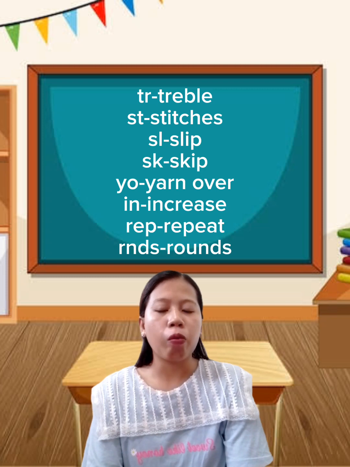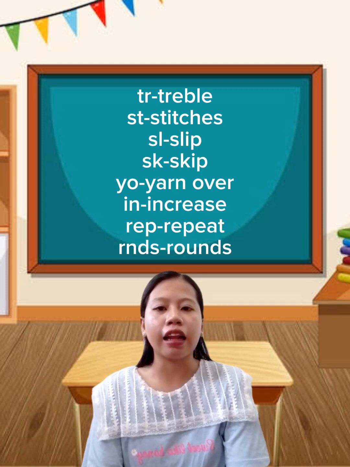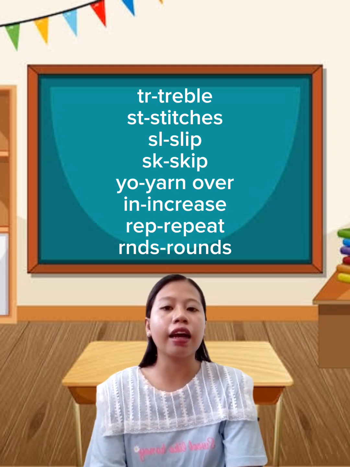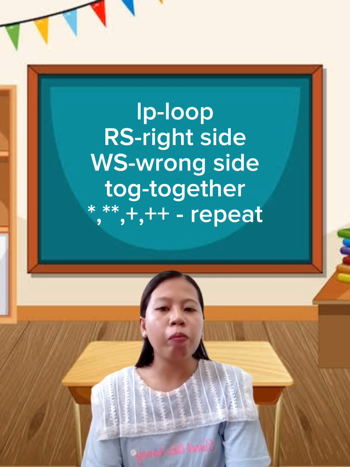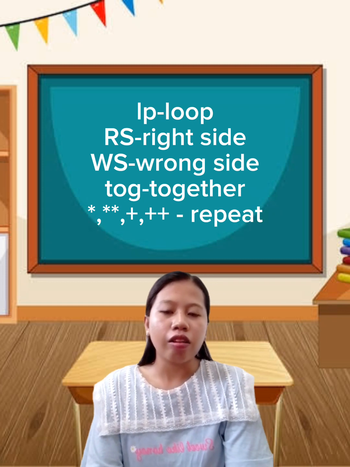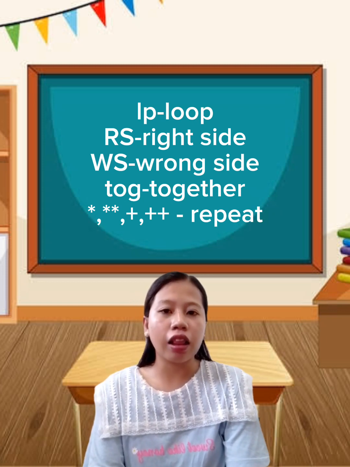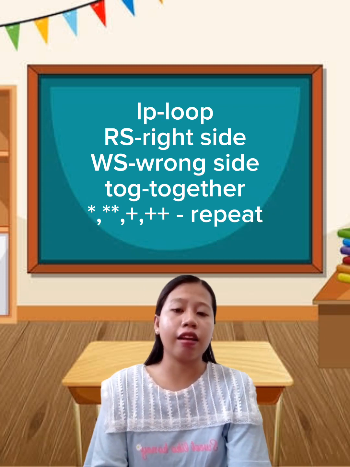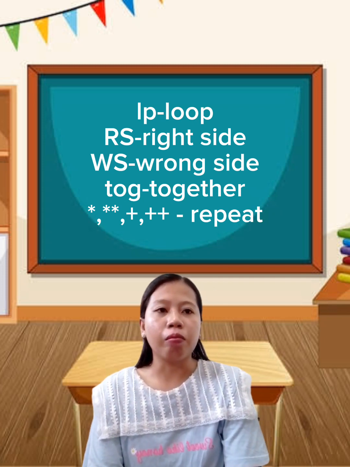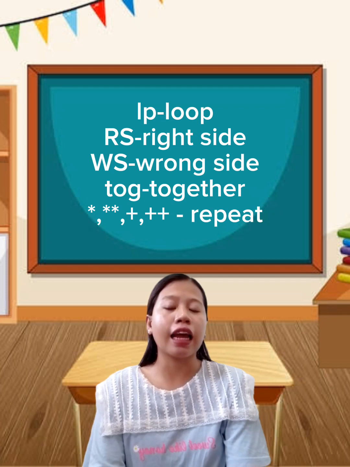SK, skip. YO, yarn over. INC, increase. REP, repeat. RNDS, rounds. LP, loop. RS, right side. WS, wrong side. TOG, together. Asterisk, double asterisk, plus, and double plus stand for repeat.